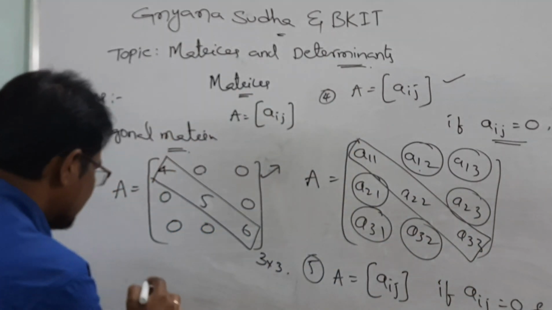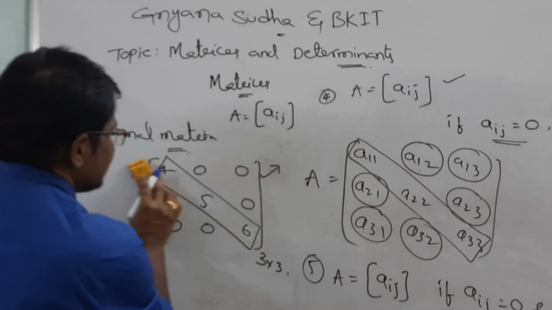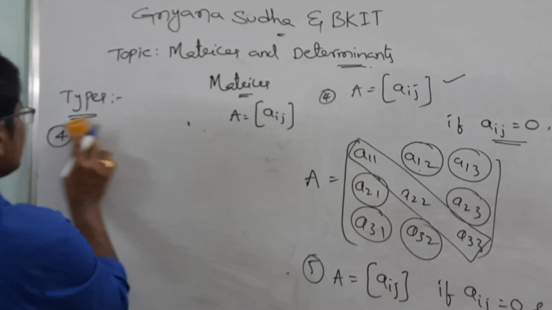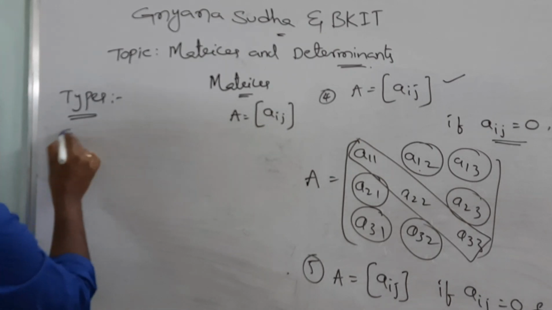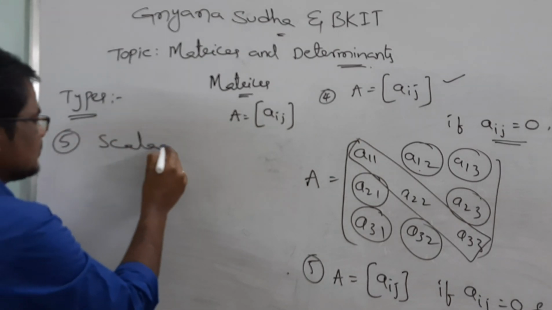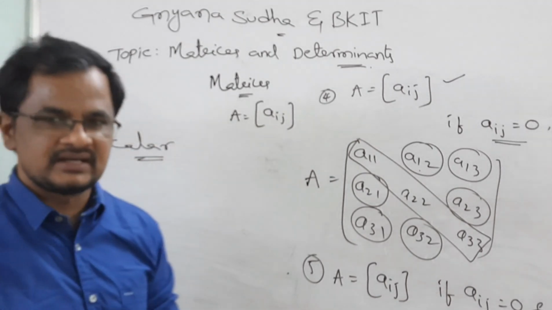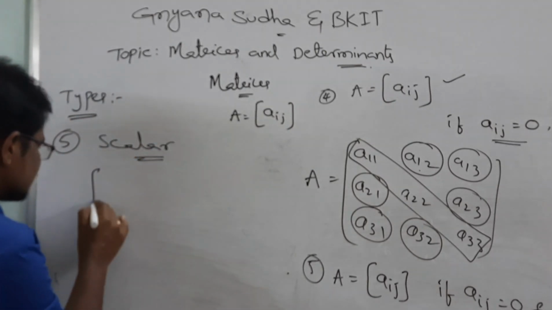We already took an example of the scalar matrix. So this is the fifth one, the scalar matrix definition.